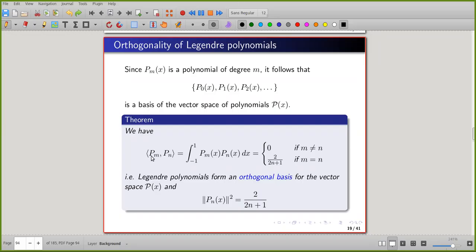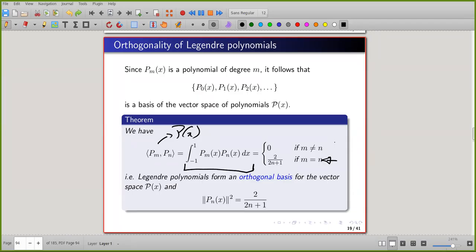On P of x, we have the inner product which we defined in the previous slide. With respect to this inner product, the inner product of P_m and P_n is 0 if m is not equal to n, and if m is equal to n, then this is 2 upon 2n plus 1. So the Legendre polynomials form an orthogonal basis for the vector space P of x.